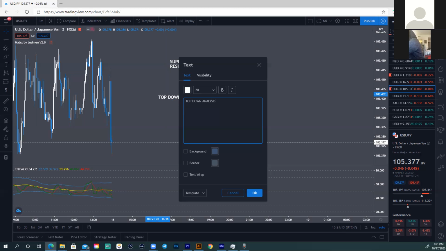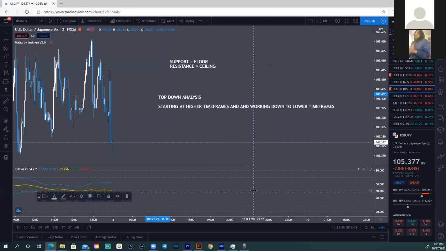Top-down analysis is starting at higher time frames and working your way down to lower time frames. That is top-down analysis.